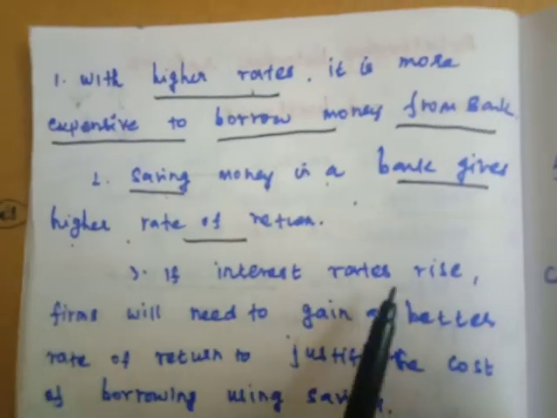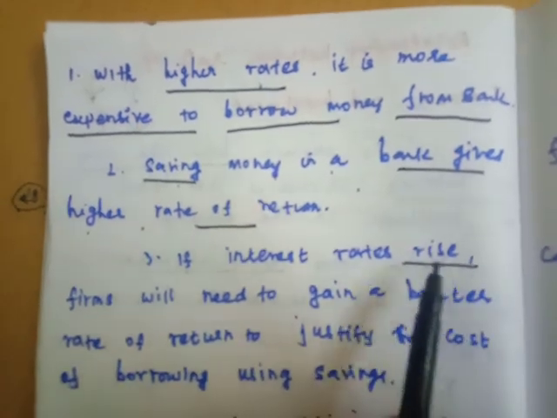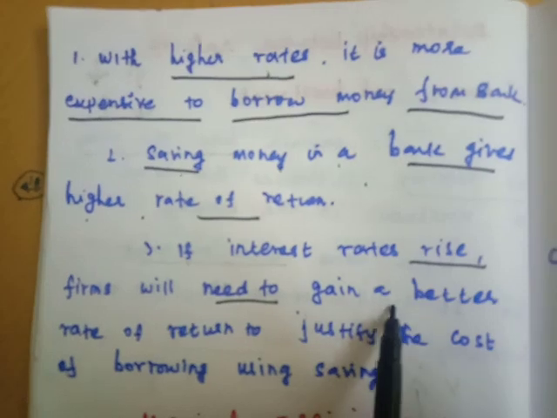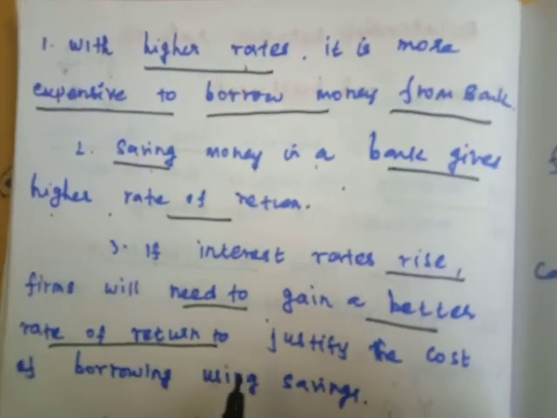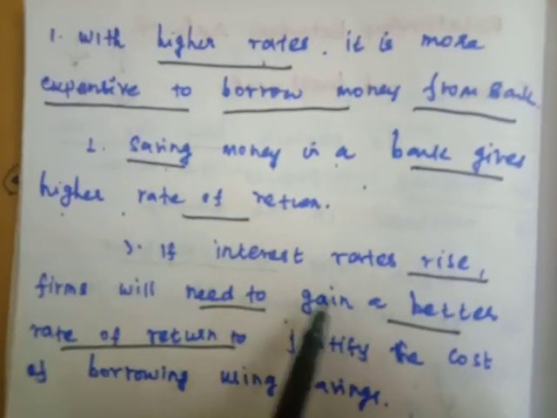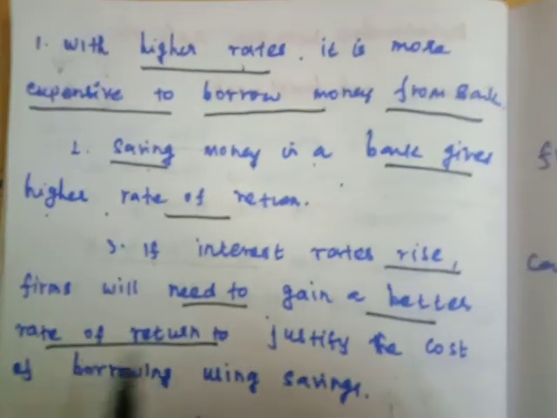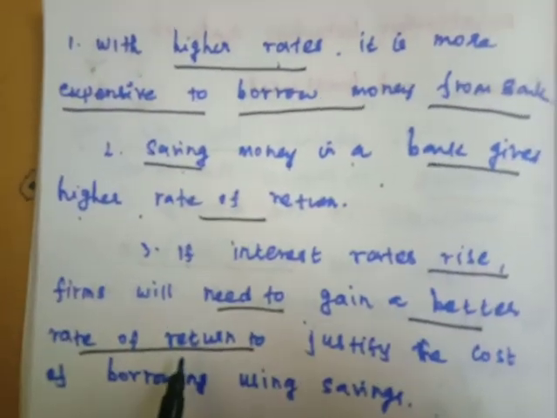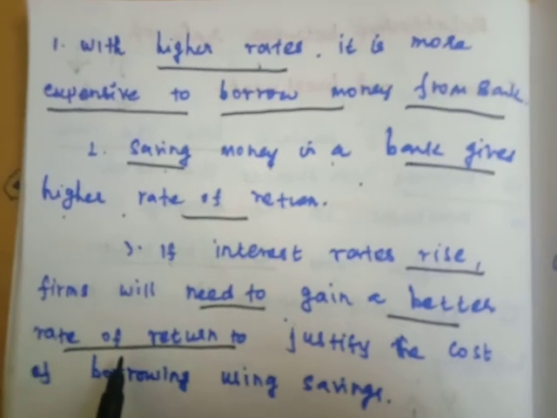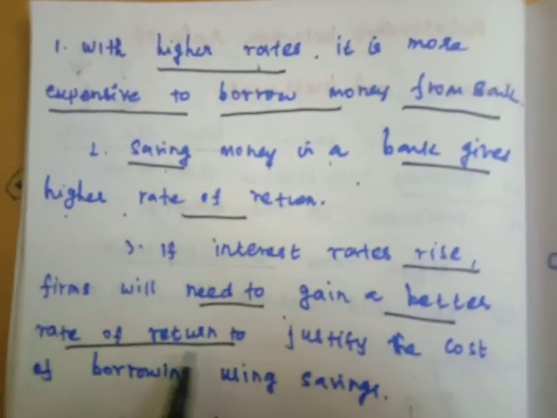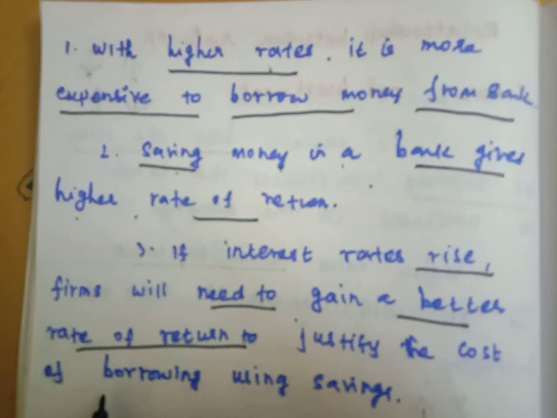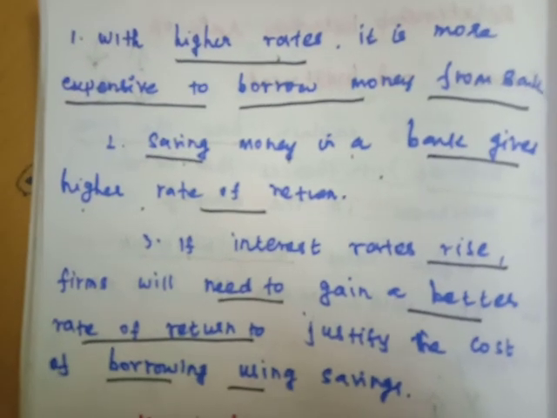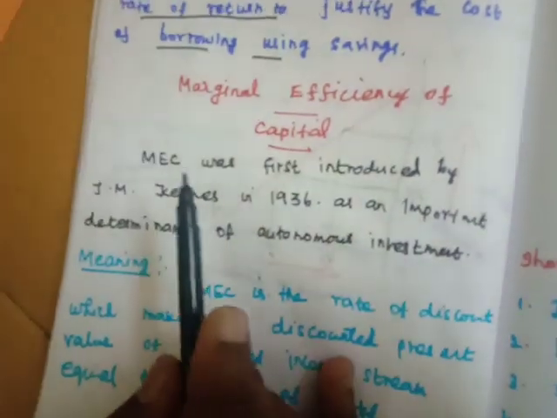So if the interest rate is increasing, firms, companies and industries will need to gain a better rate of return. If firms and industries deposit their money in the bank, it will give a higher rate of return. But the borrowing cost is also increasing when using their savings.